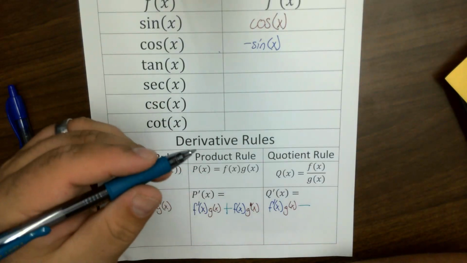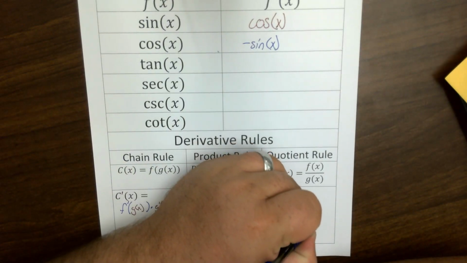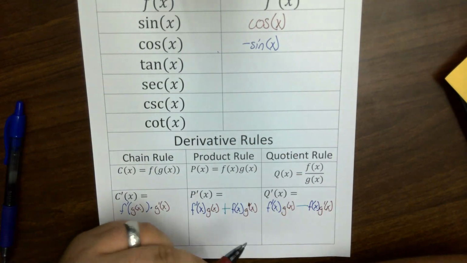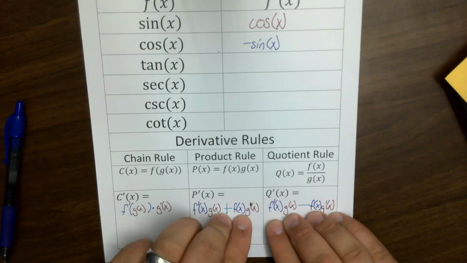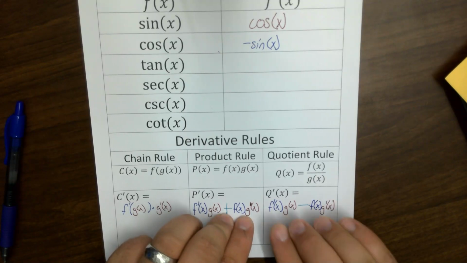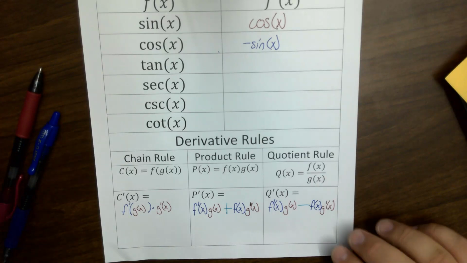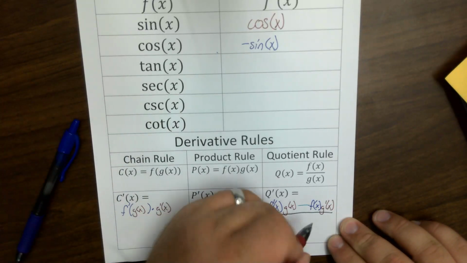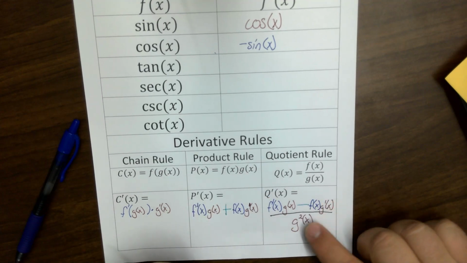All right. f of x, g prime. Notice these are very similar. Very, very similar. That's why I write the product rule the same every time. I grew up making mistakes with this, and I don't want you to. Now, we're not done with the quotient rule, because all of that is being divided by g squared, the denominator squared.